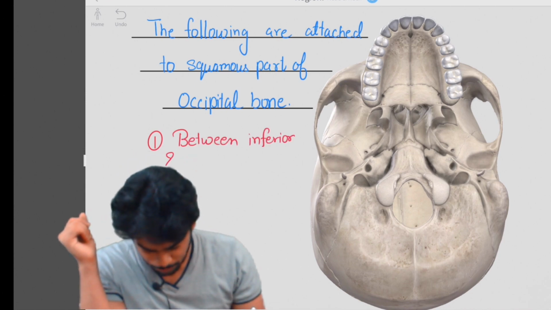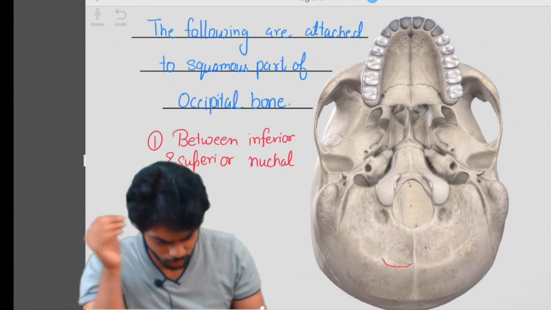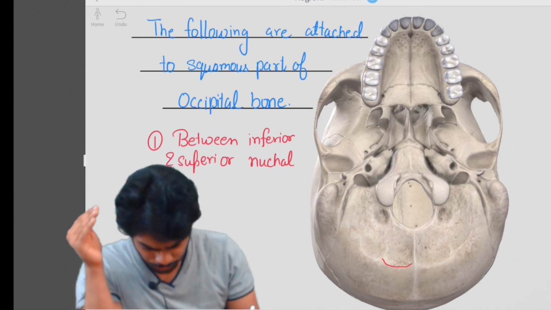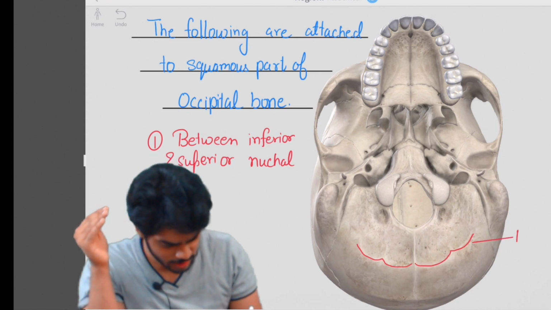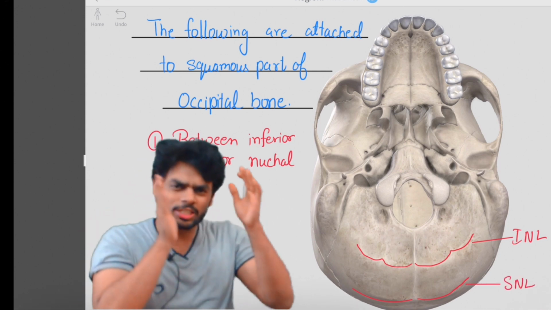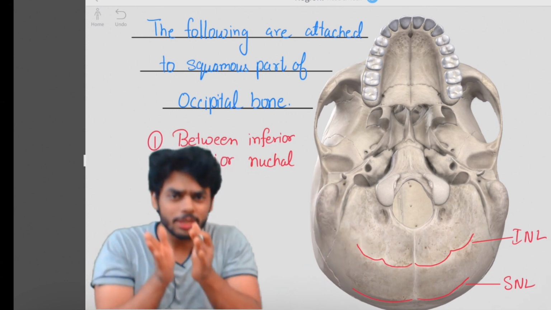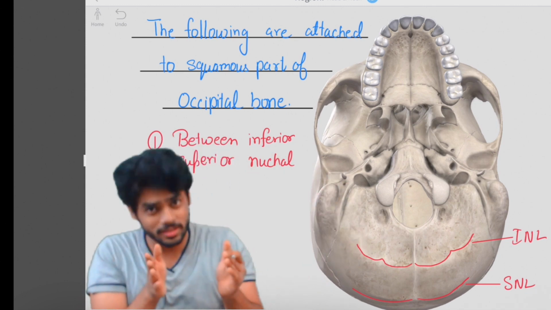First, between the inferior and superior nuchal lines, there is a space, and that space is divided into a medial part and a lateral part. The medial part is towards the midline and the lateral part is away from the midline.